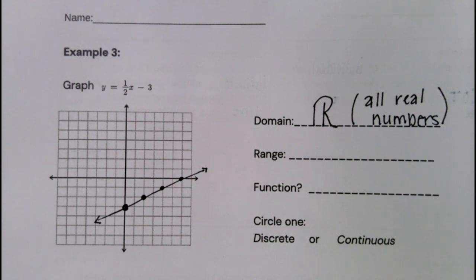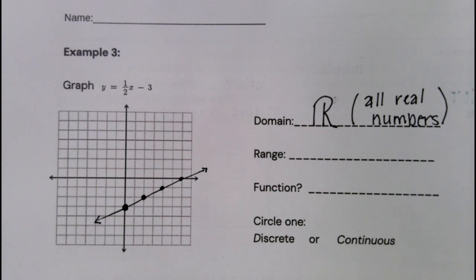What about the range? What would be the range? So the range is talking about the y-axis, right? So what is this graph doing up and down? Going up and down. That's a good one, Ricky.